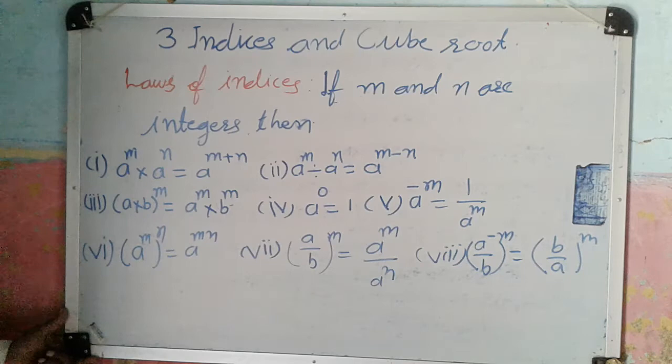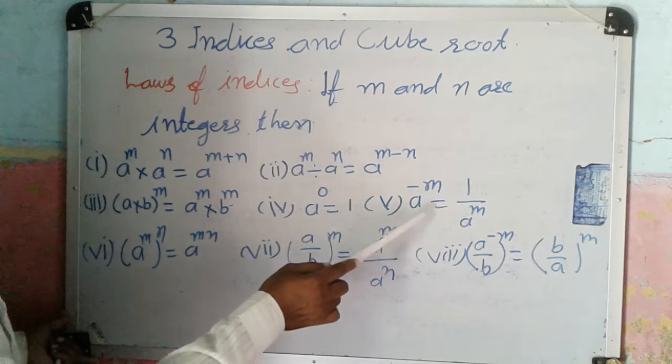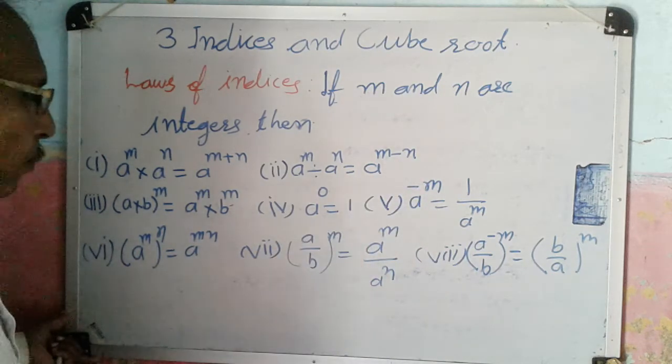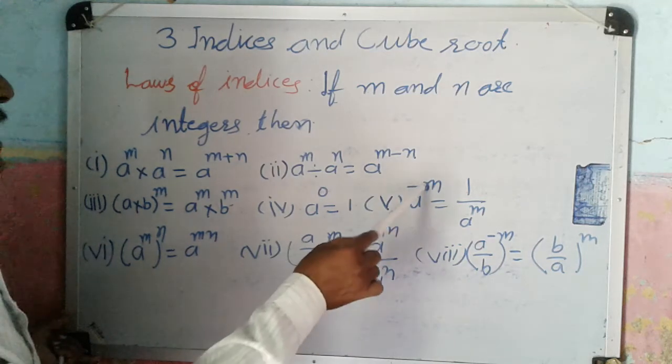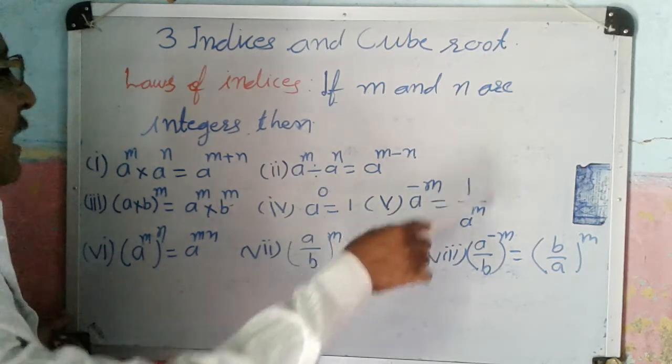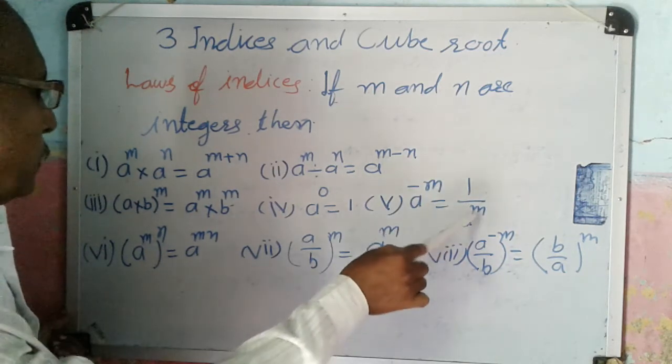And the fifth law is a raised to minus m. Now here the index is negative. If you want to make the index positive, then take the reciprocal of this. Then we will get 1 upon a raised to m.